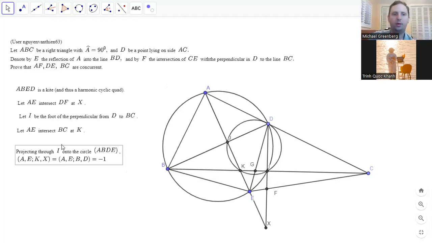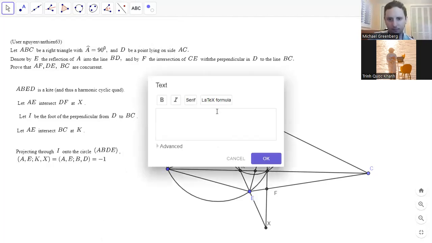And then once we know that, that implies that AF, what is it, CK, AF and BE concur. Which is the same as saying AF, DE, and BC concur.